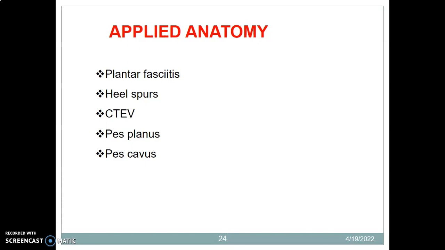So if the tendons and the ligaments are tight, you get an exaggerated longitudinal arc, and that can lead to a plantar flexed forefoot with the toes retracted. Therefore, there will be stress on the metatarsal heads and the heels during weight bearing. So in pes cavus, someone will have to be given shoes that are going to help distribute this weight, and the shoe should have a firm heel to maintain the rear foot stability.